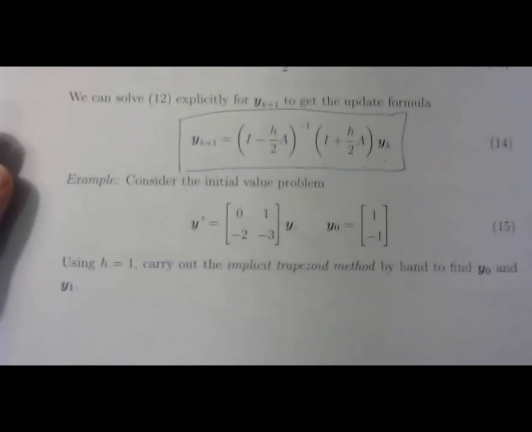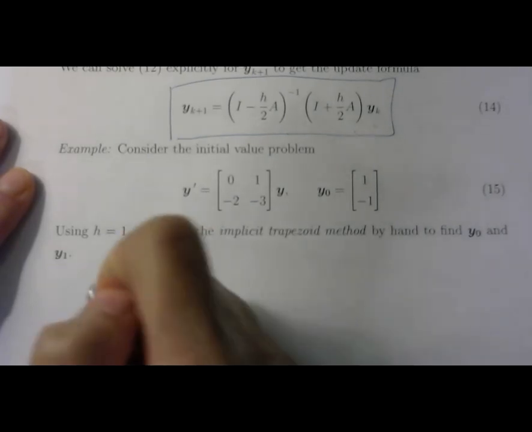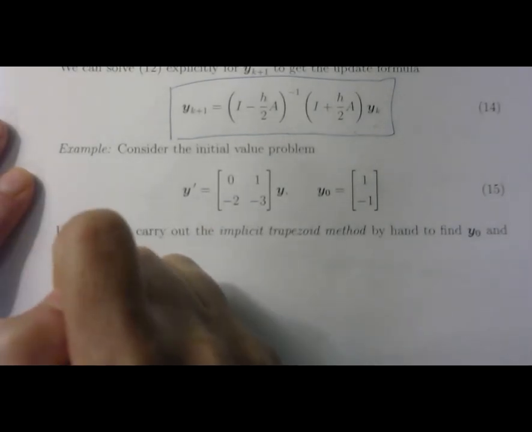So let's see. If I have this initial value problem again, and I want to choose an h equal to 1, can I carry out one step? Sure, right?